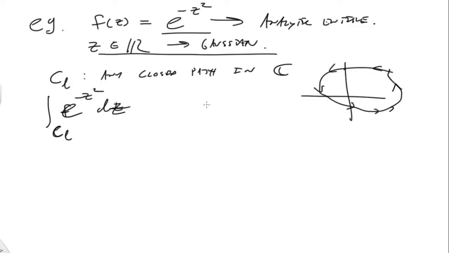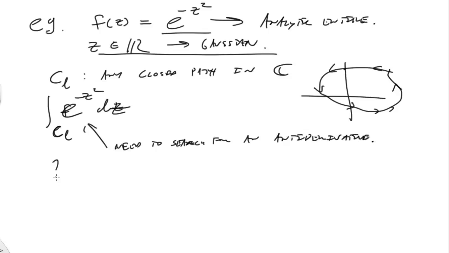So before the Cauchy-Goursat theorem, I would, of course, need to search for an antiderivative. So the question is, can we find one?